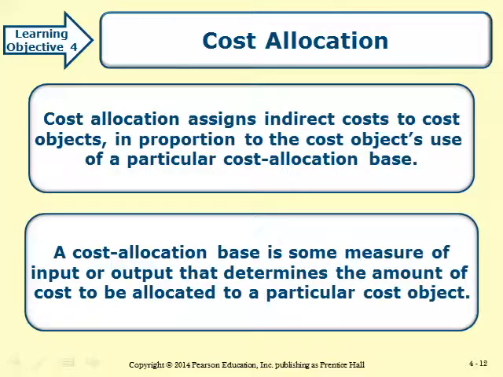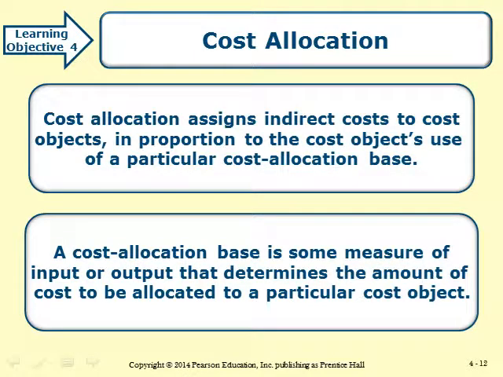And so when we talk about a cost allocation base, we're talking about some measure of input or output that determines the amount of cost to be allocated to a particular cost objective. And so for direct costs, the amount of costs that are attached to a specific cost objective are what is actually used in that cost objective.